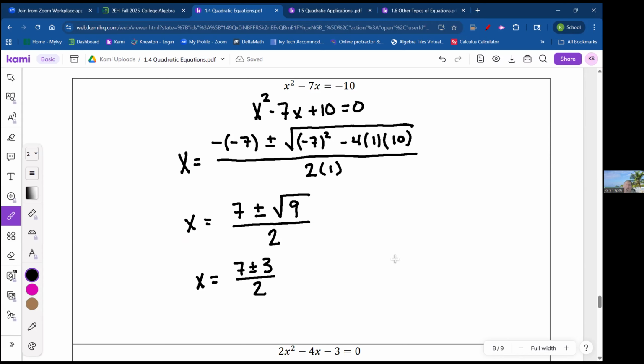Now, a lot of folks get this far and they stop. Well, if there's no square root, no radical, nothing like that, then keep going. Break this into 2 problems.